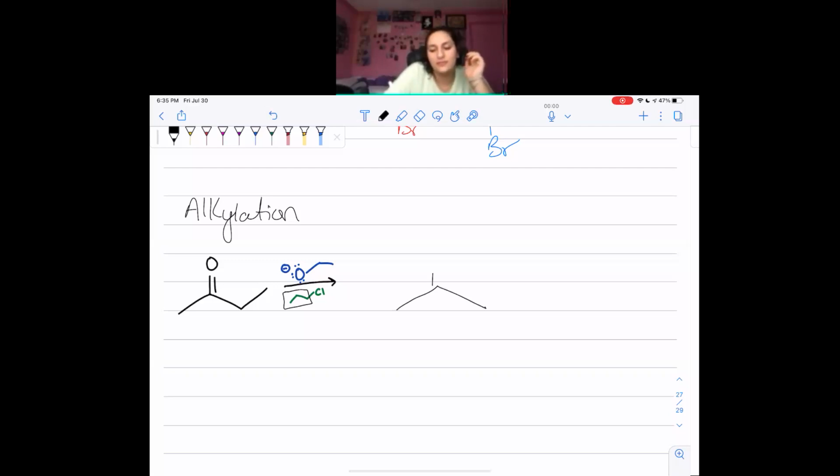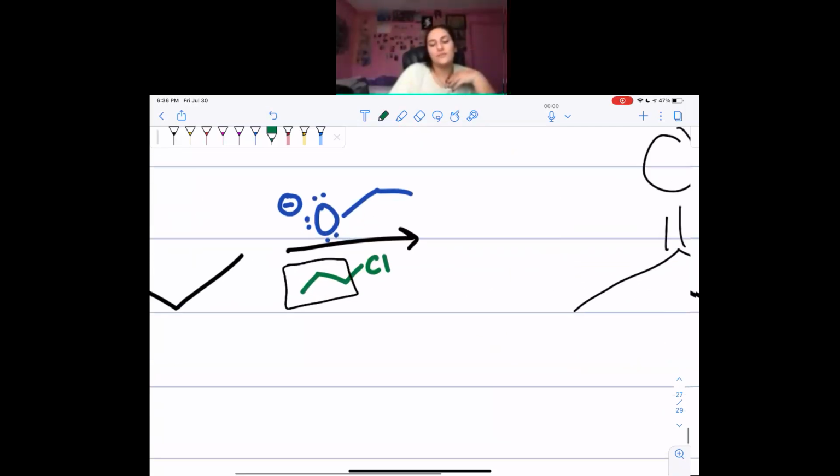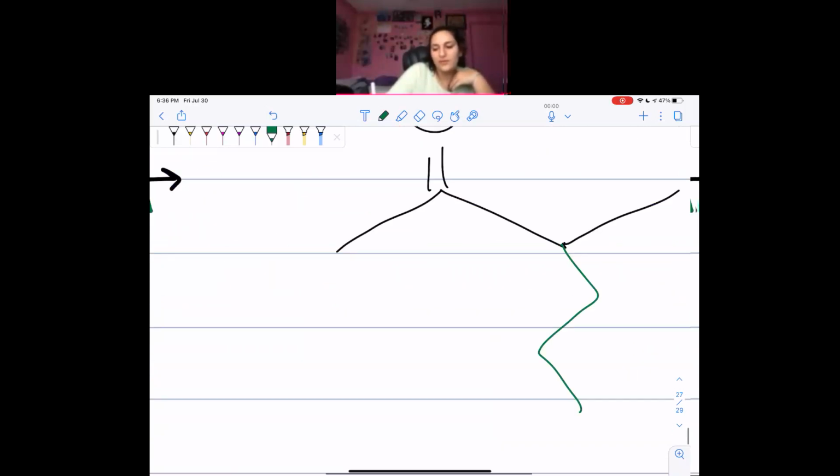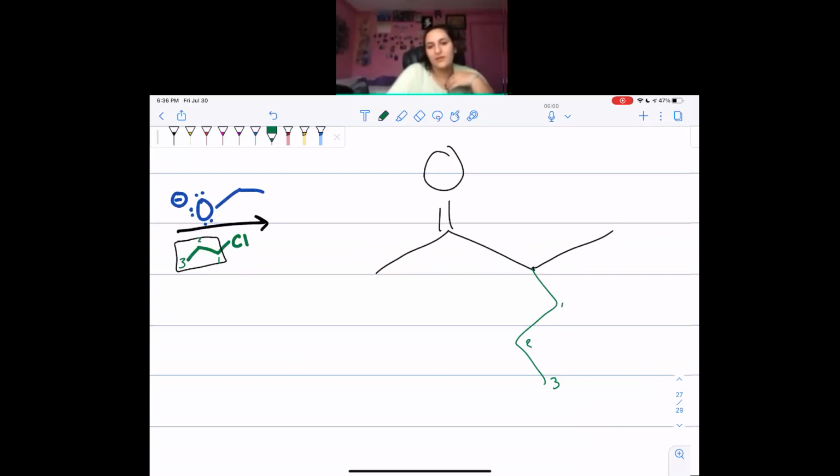So you get 1, 2, 3 carbons. Ta-da! That's all there is to it. So you're going to take your R group off your alkyl halide and you just stick it onto the alpha carbon. And I always number them. So I will number them for you. 1, 2, 3. Bam.